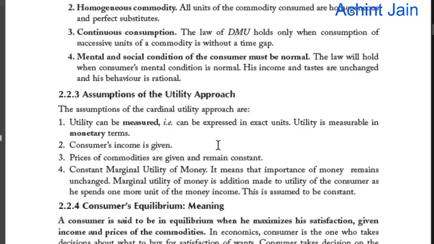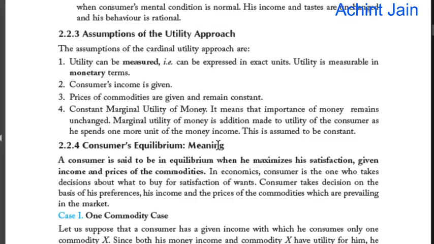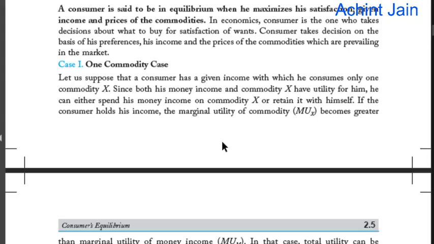Now we have the next term, related to consumer equilibrium. Before it you have to understand what a consumer is. A consumer is a person who purchases a product from the market and tries to get maximum satisfaction from what he spends on the product. Overall, a person who tries to maximize his satisfaction given his income and the prices of commodities is a consumer.